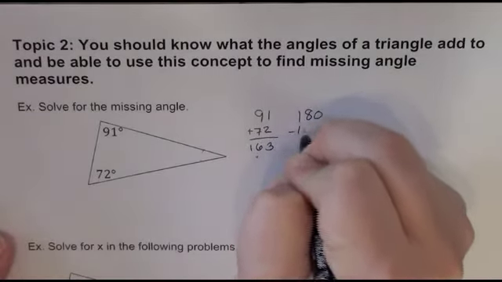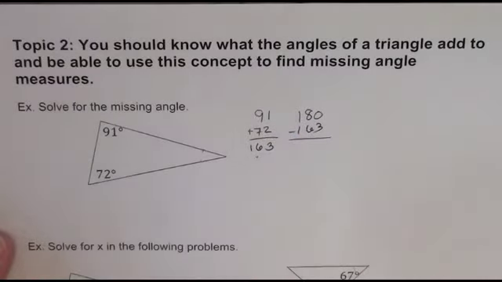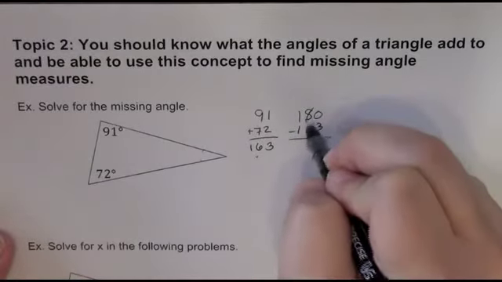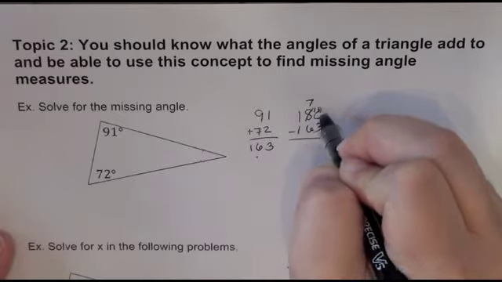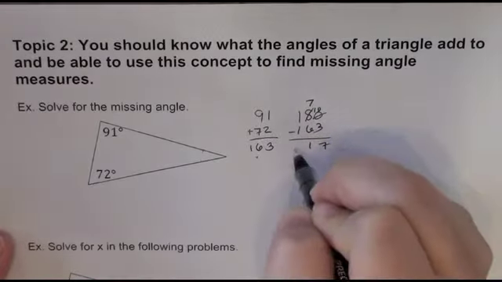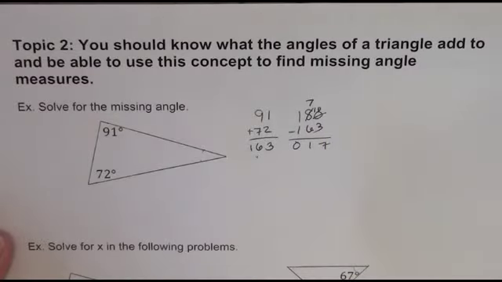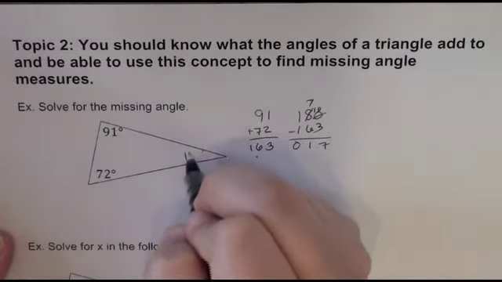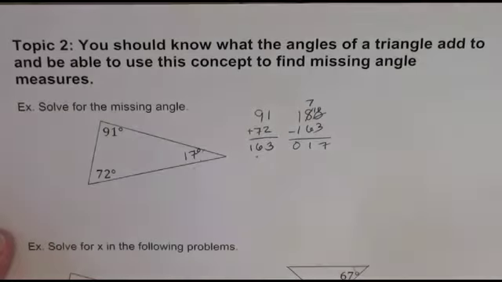So 180 minus 163, you can do it with a calculator, or you can borrow. 10 minus 3 is 7, 7 minus 6 is 1. 1 minus 1 is 0. That angle measure has to be 17 degrees.